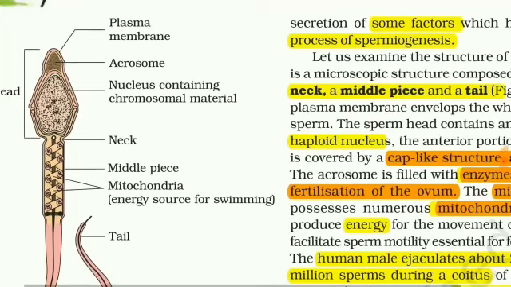The plasma membrane is also present, as it is actually a cell. The plasma membrane is the outer covering, and the acrosome is also present. The first part of the sperm is the acrosome, which contains an enzyme, hyaluronidase, which is useful for penetrating the ovum during fertilization. The second is the nucleus-containing region, where the chromosomal material is present.